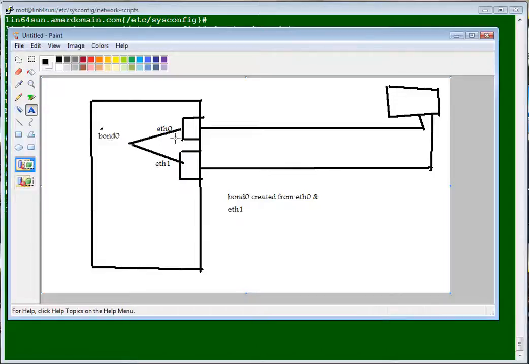So at one time, either Ethernet 0 will be up or Ethernet 1 will be up. That is called active passive. We can also configure what is called active active.